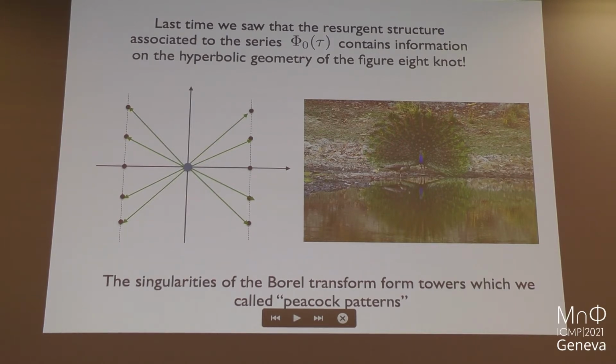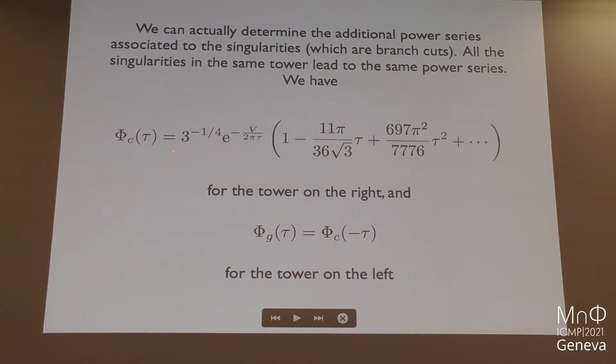And then the singularities on the left give you a new power series, which, by the way, is quite different because, for example, you see here that you have a square root of 3, which you didn't have in the original series. The original series essentially only has rational numbers up to factors of pi. And this is an interesting number theoretic property of this series.